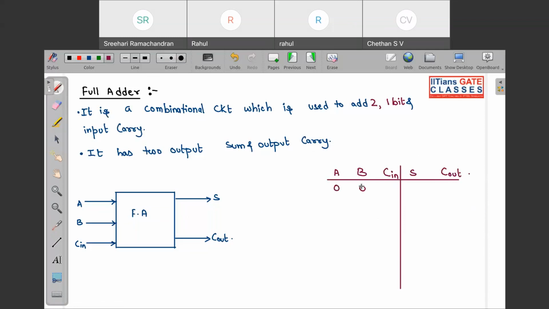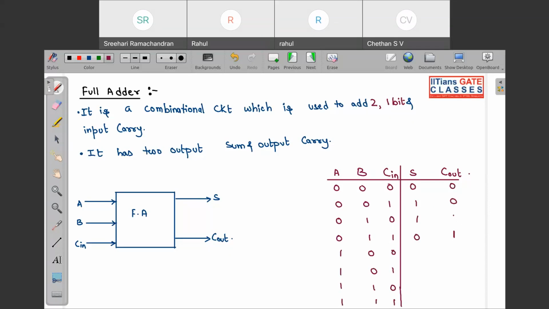All the combinations can be like this. Here sum will be 0, even here also sum will be 0, sorry, sum will be 1, here 1, here sum will be 0, C out will be 1.